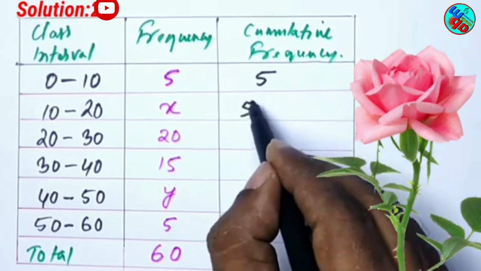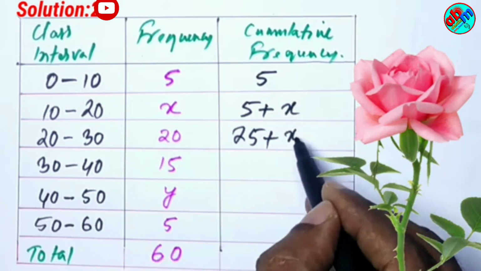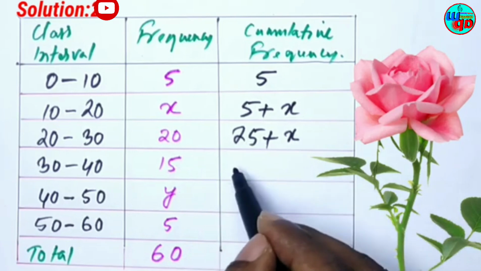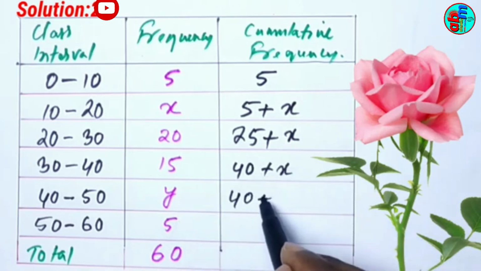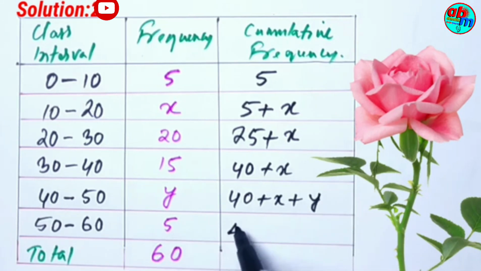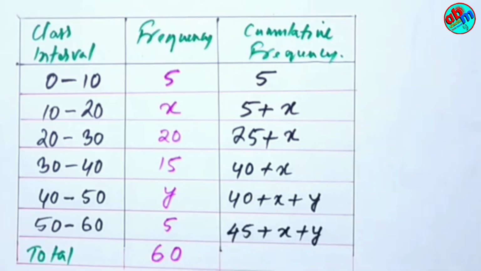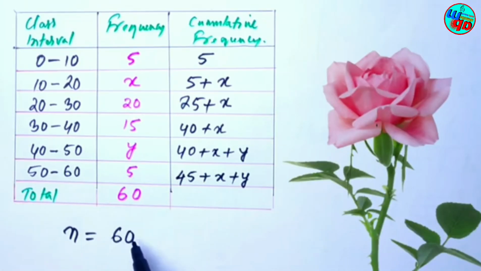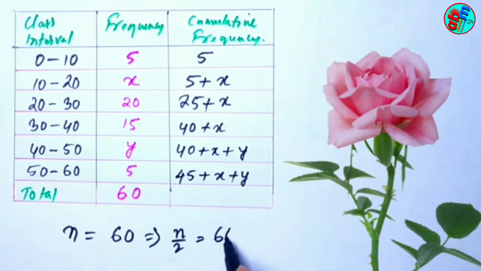So this will be 5 plus x, 5 plus 20 is 25 plus x, 25 plus 15 will be 40 plus x, so this will be 40 plus x plus y, 40 plus 5 is 45 plus x plus y. So from this table it is observed that n is equal to 60. So we find n by 2, which is 60 by 2, which is 30.